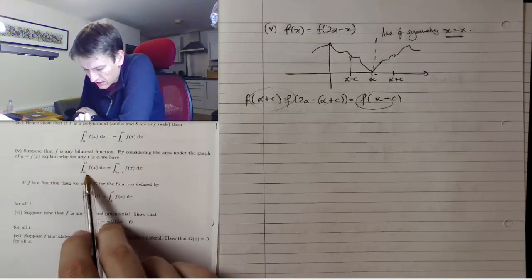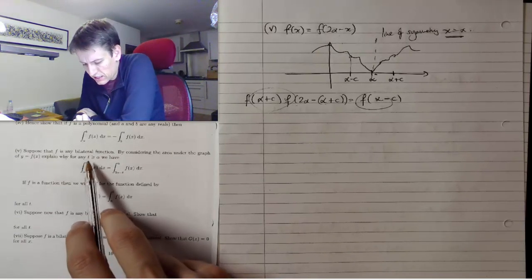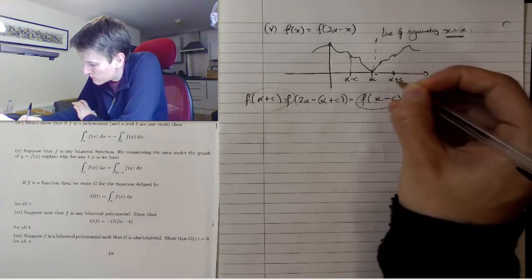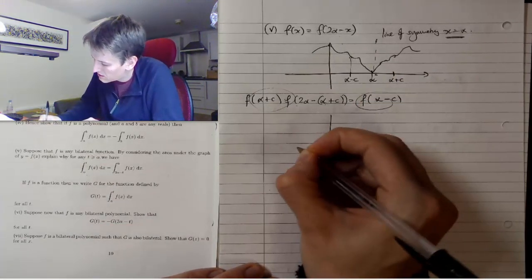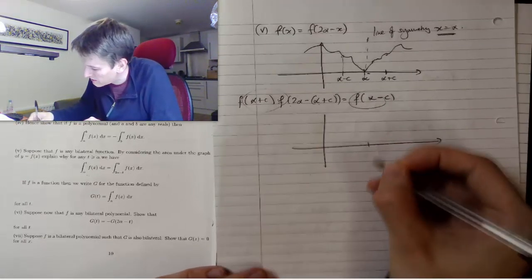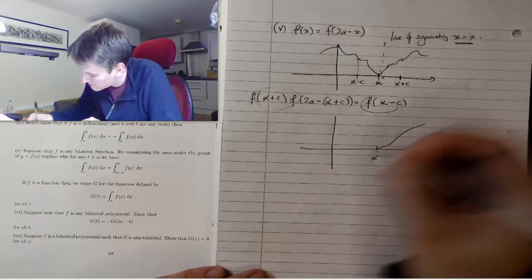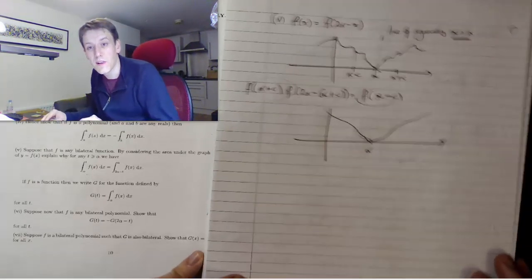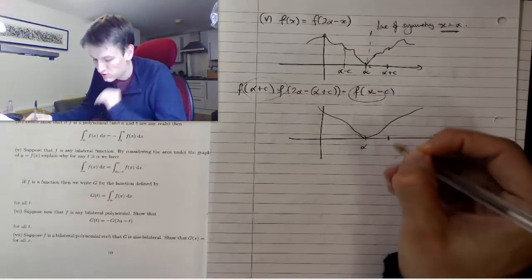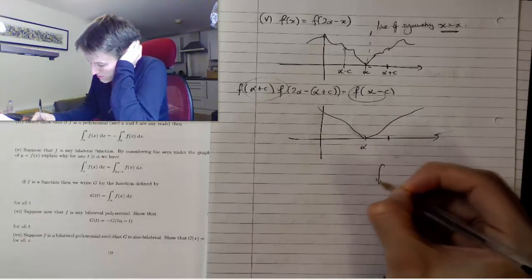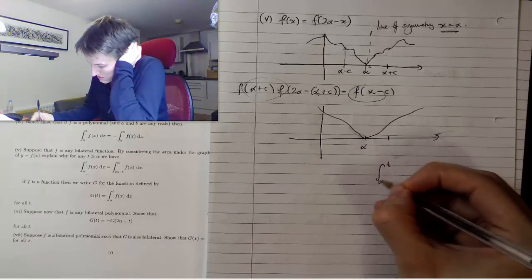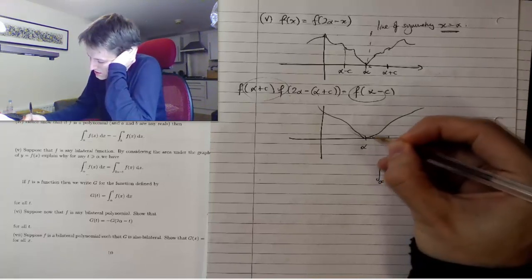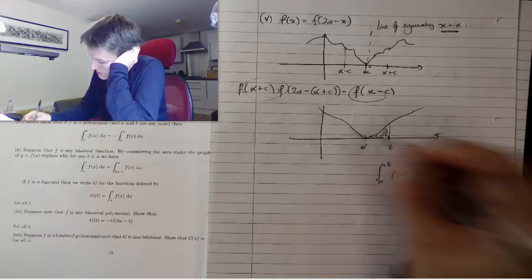So why does that give us this thing here? If we take t greater than or equal to alpha, rather than having this as alpha plus c, let's draw a function out again around alpha. Let me just make it anything, it's meant to be symmetric about alpha. If I'm going to integrate from alpha up to t of the function, that means going up to here, that would be this area here.